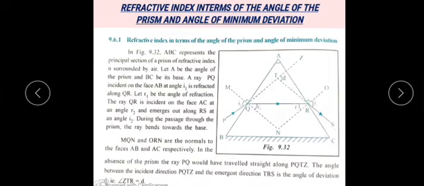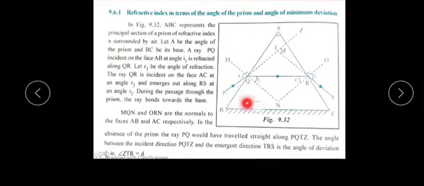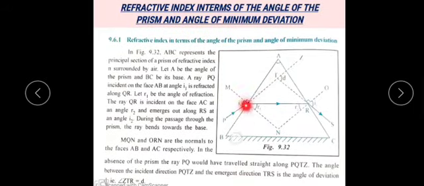When the ray PQ is incident on the face AB, I1 is the angle of incidence, and it is refracted as QR with the angle of refraction R1.